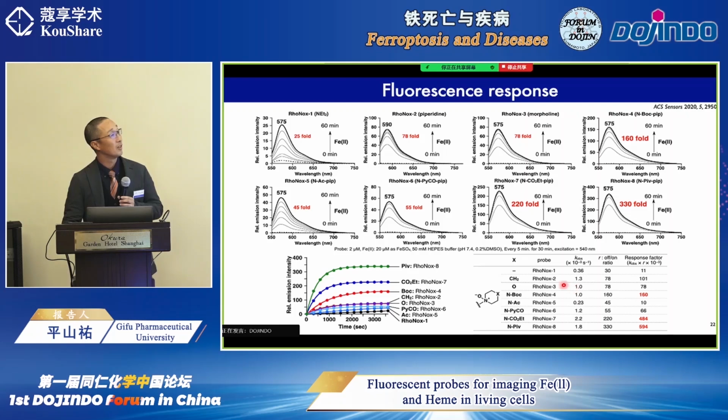All of the new compounds showed better response than the first generation probe, and RONOX4, 7, and 8 showed extremely high response, with over 100-fold increase within 10 minutes.